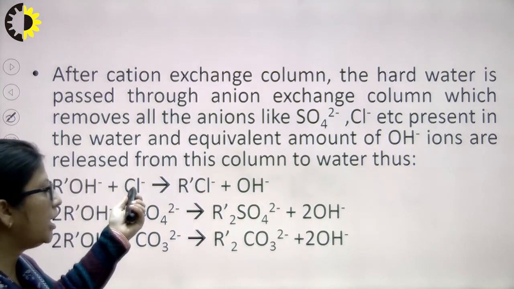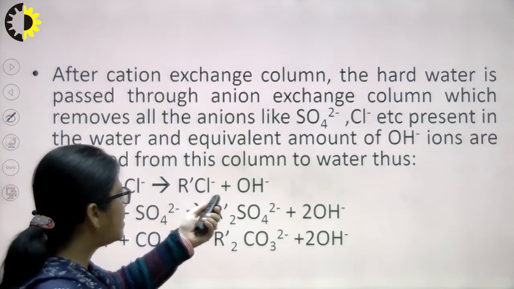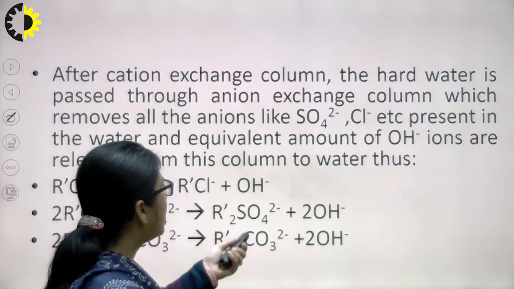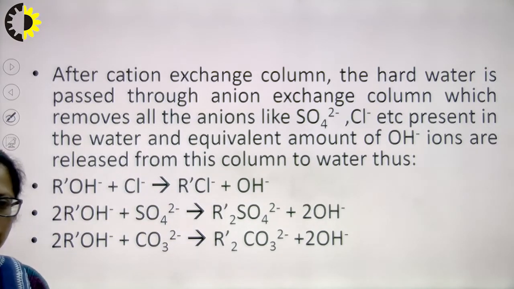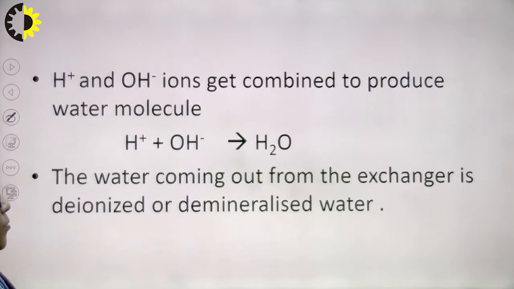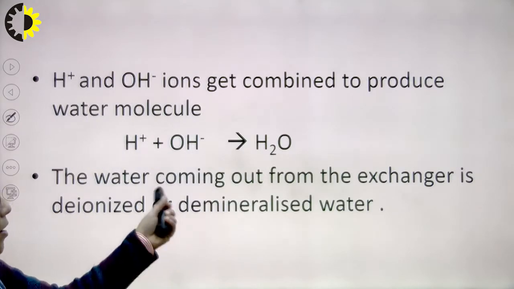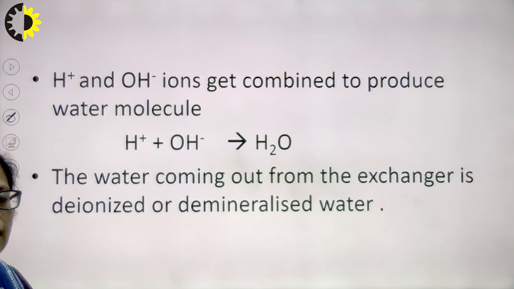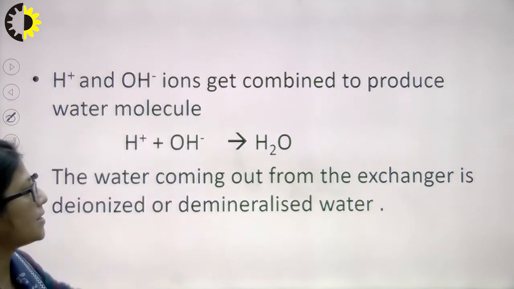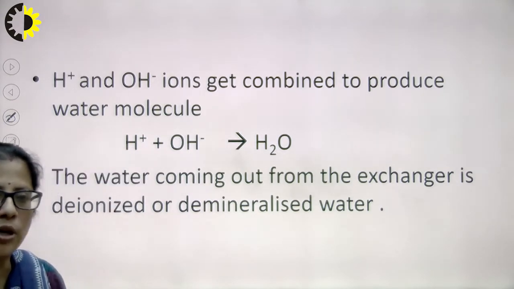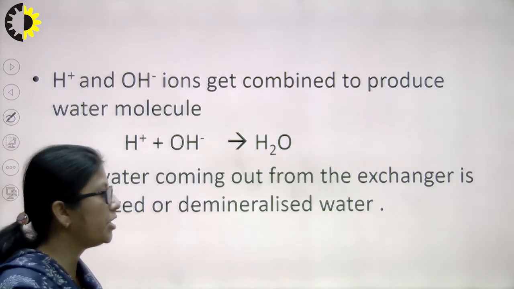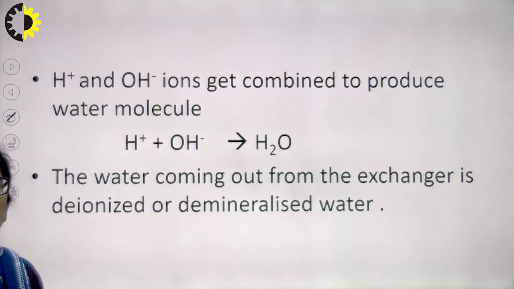They exchange, the anions get fixed in the anion exchange column, and an equivalent amount of OH minus is released in water. Now, the water coming out of both the cation and the anion exchanger, their H plus and OH minus ions combine to produce water molecules, and this water coming out from the exchanger is deionized or demineralized water.